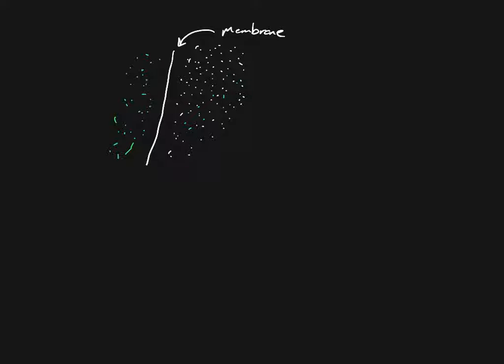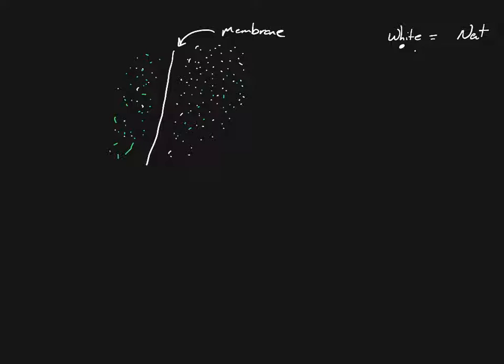Okay, so on which side of the membrane is, let's say, the white, which is equal to sodium, a positive ion. So the white dots are sodium ions.